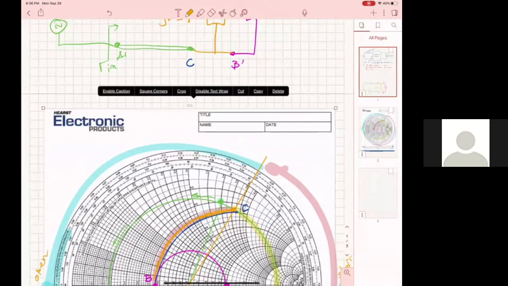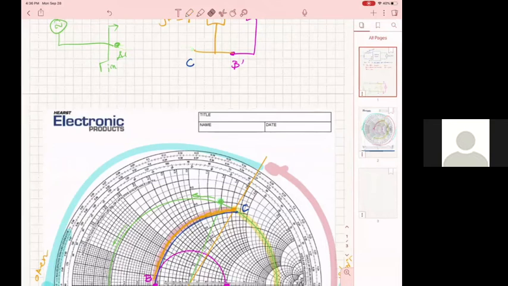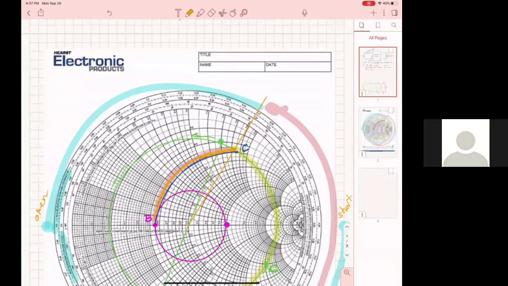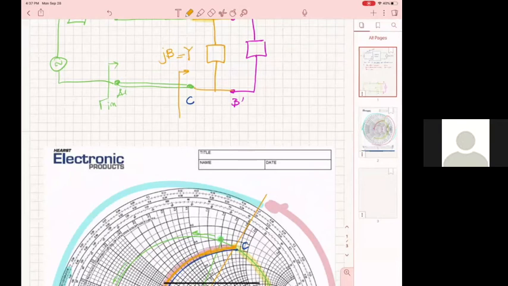At C, the admittance that I see here as I move towards the load has a normalized real part of about 0.58.